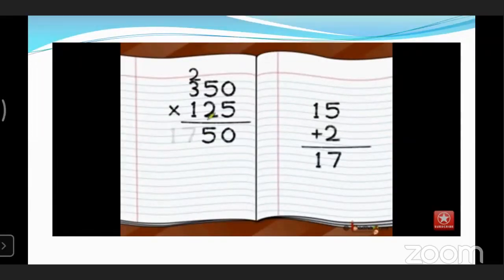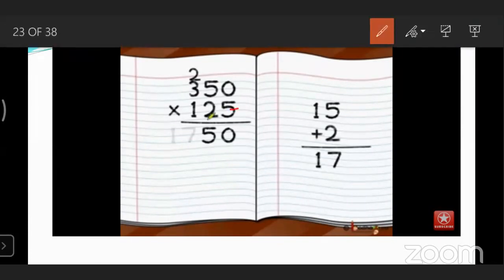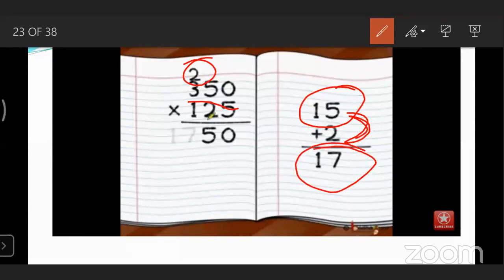We have done with 5 5s, right? Now 5 3s are 15. 15 is written here, right? And the 2 which is carried over. So 15 plus 2 is equal to 17.